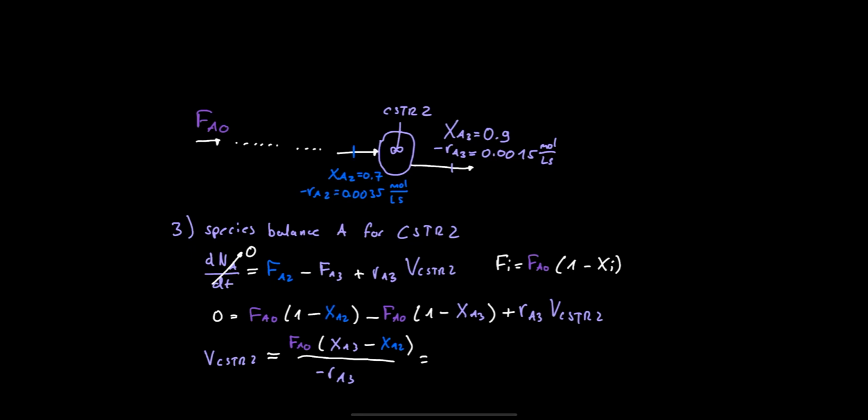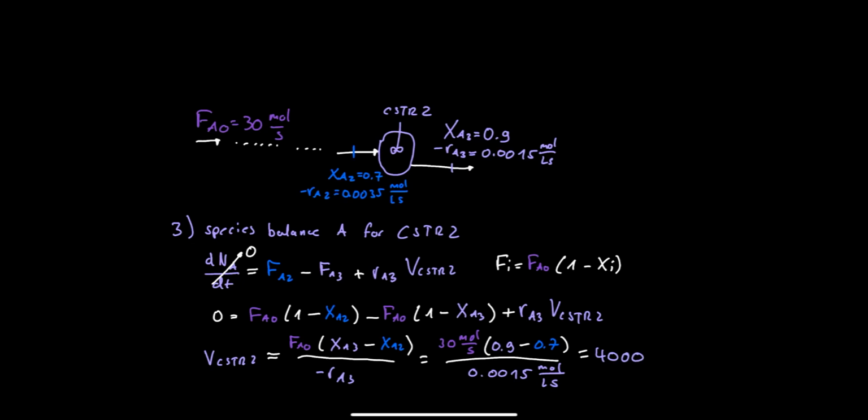If we insert the values from the task, this is 30 mole per second FA0, so 30 mole per second times 0.9 minus 0.7 divided by 0.0015 mole per liter second, which is going to be equal to 4,000 liters.